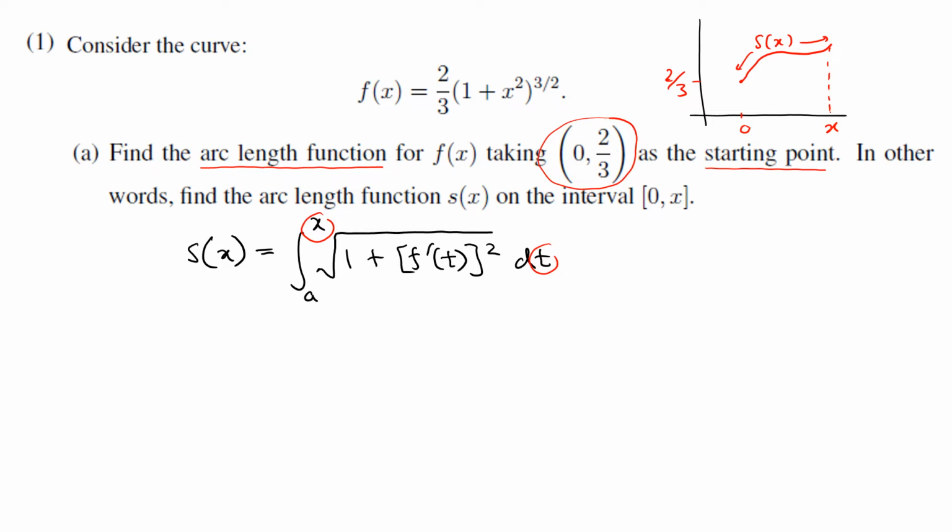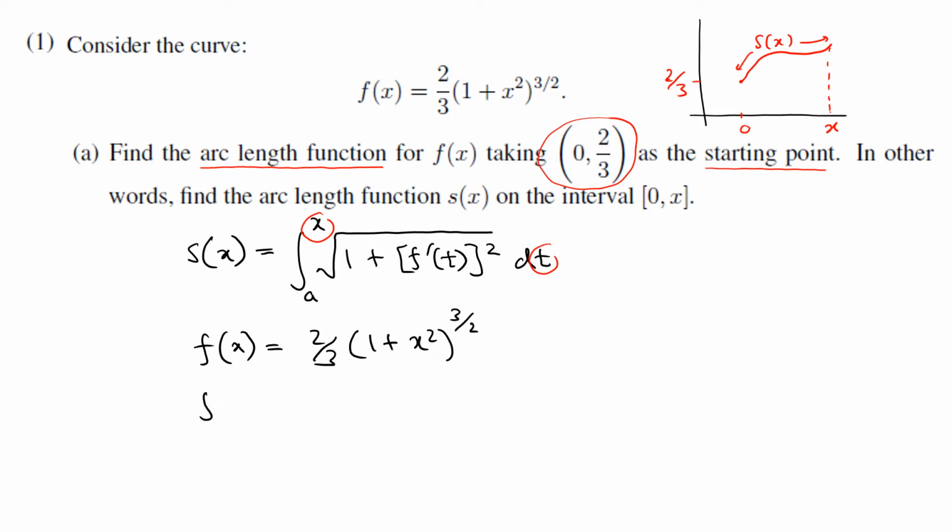So now what you want to do is find the derivative. Let's start with the function. We have f(x) equal to 2/3 times (1 plus x squared) to the 3/2.